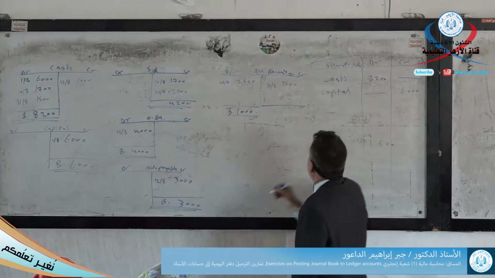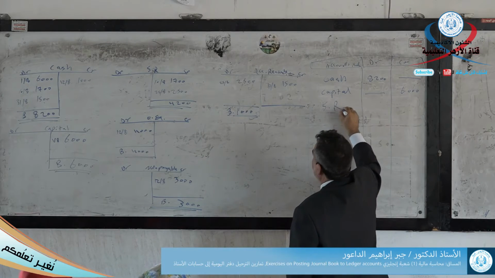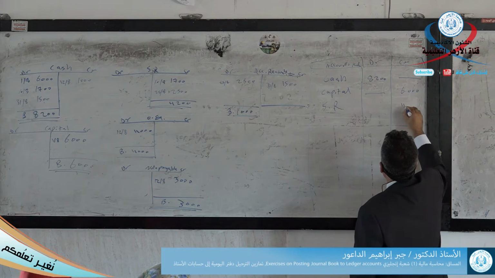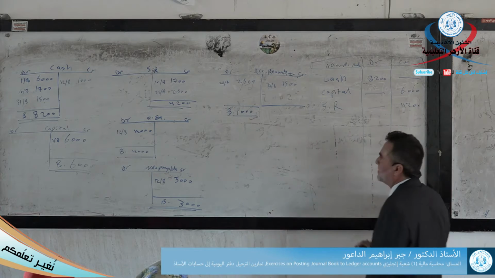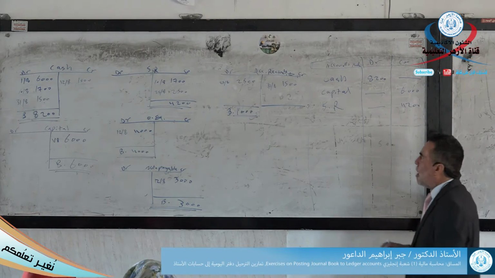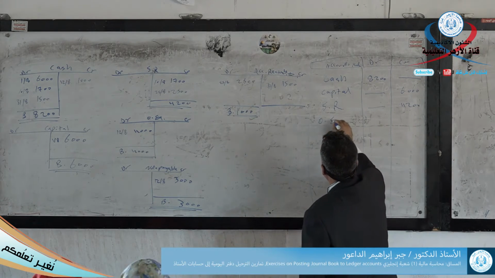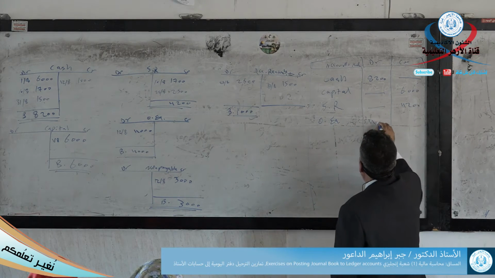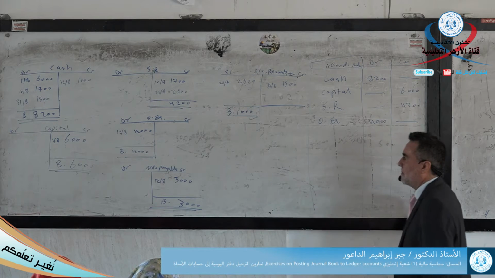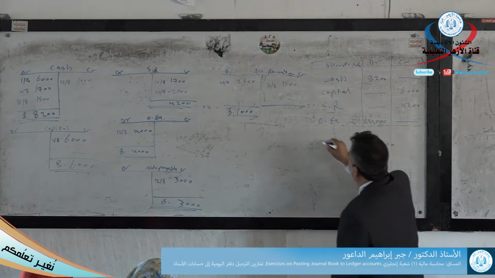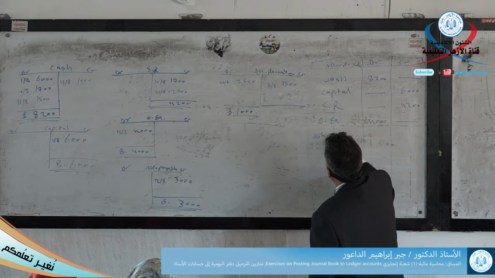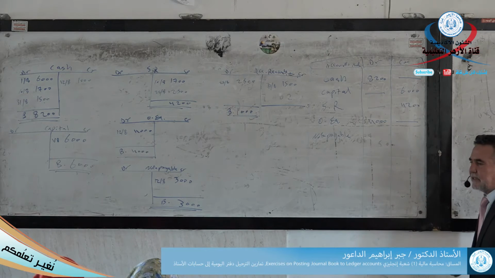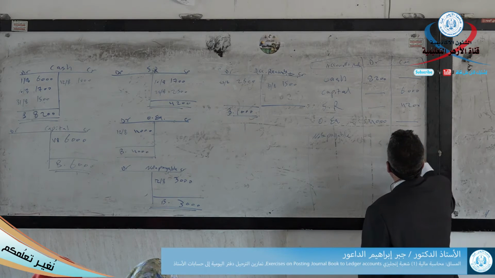Service revenue. Credit side, 4,200. Office equipment. And debit side, 4,000. Whereas in note payable, credit side 3,000.